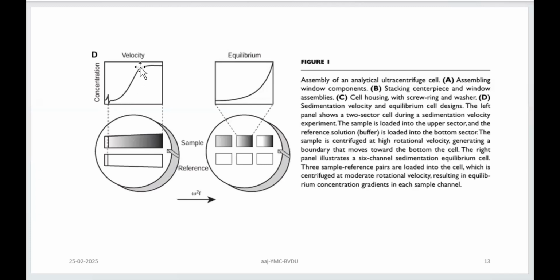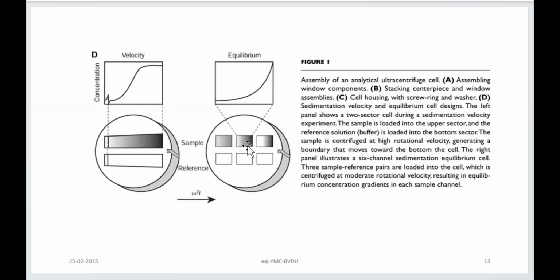A time will come when the molecule has got separated from the total mixture. At that time the concentration will not increase and a plateau will come. Based on this data, with reference to time, you can calculate the sedimentation velocity of the analyte.